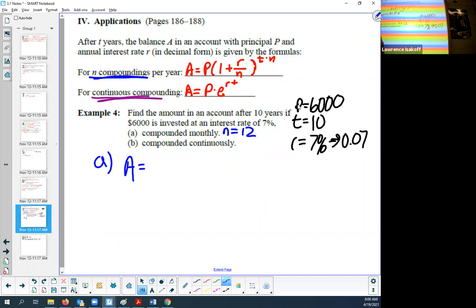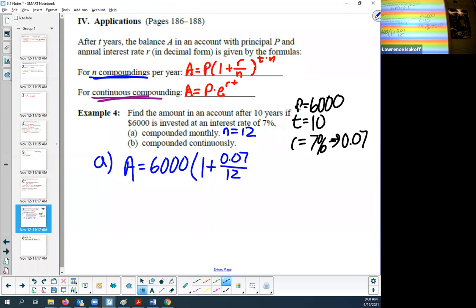Amount is equal to my principal, investing $60,000, times 1 plus I earned 7% interest for the whole year. That gets divided among 12 interest payments. Okay, so then it's times time of 10 years times n.